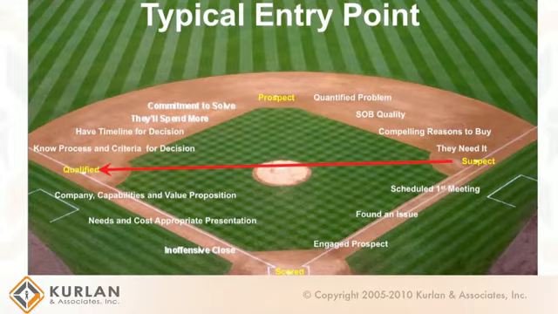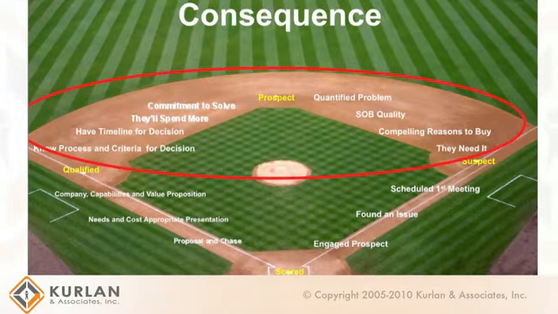That's not even selling. That's just presenting. So the challenge is, do they accept the customer's invitation to run from third to home and skip all of that real estate that's sitting between first and second base and between second and third base?